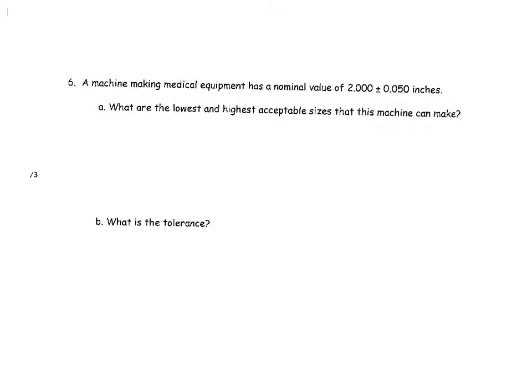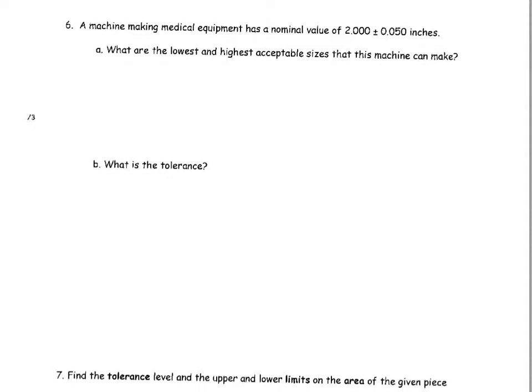Okay, next. A machine making metal equipment has a nominal value of 2 plus or minus 0.050 inches. Okay, what are the lowest and highest acceptable sizes that the machine can make? Well, that's just saying what's the minimum and the maximum size here.